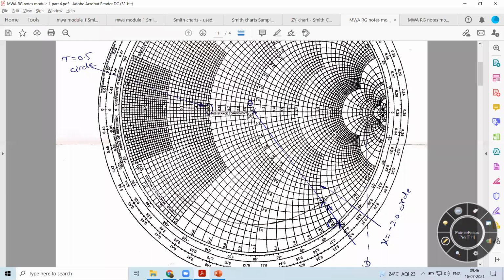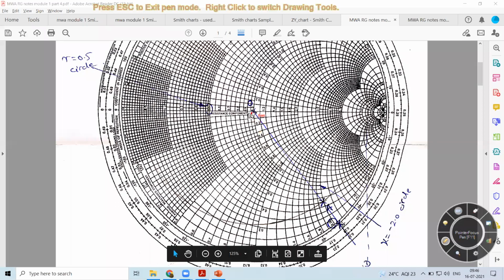Here you have the points, that is, the center of the Smith chart and the load point. You join these two points and extend this line so that it cuts the outermost circle. When we extend that, we cut the outermost circle at a specific point, which is associated with the angle of reflection coefficient in degrees.